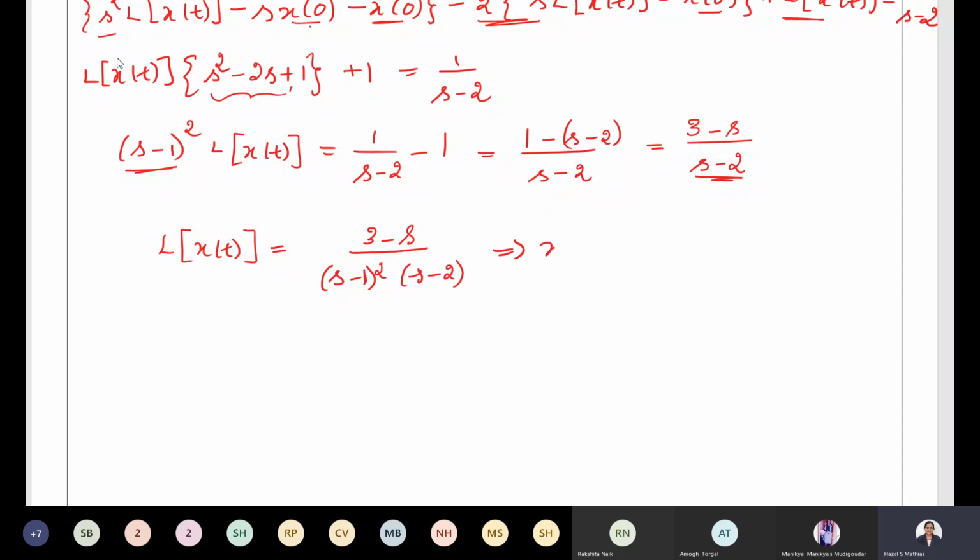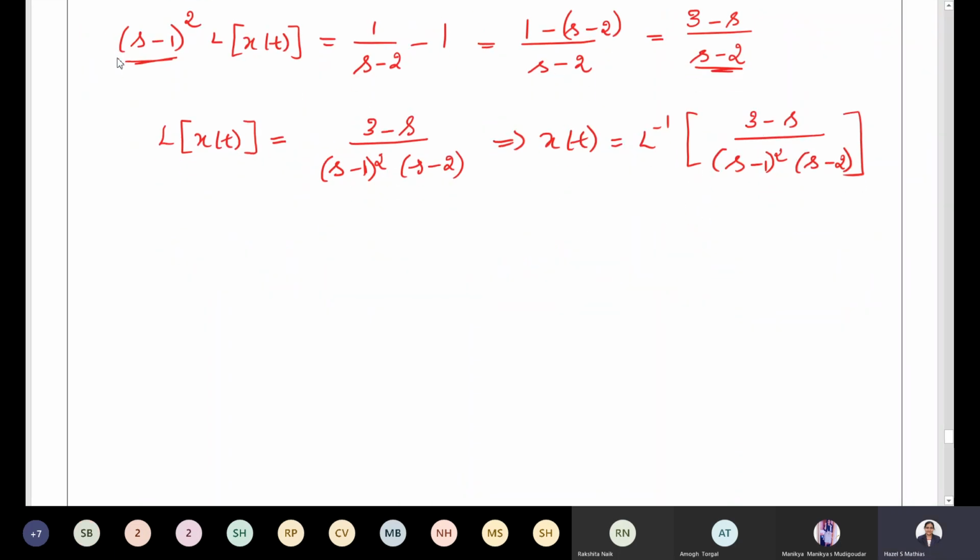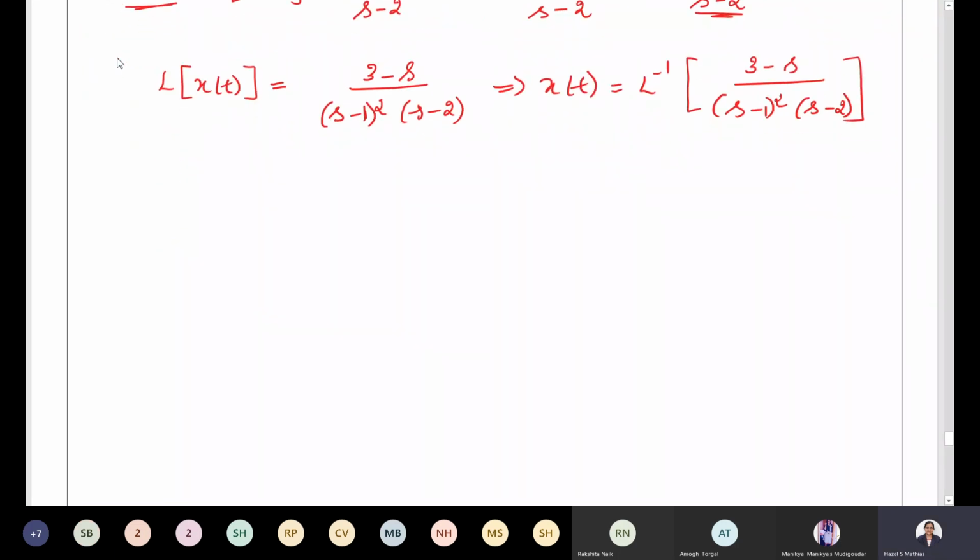So x of t will be L inverse of 3 minus s divided by s minus 1 the whole square into s minus 2. I hope this is clear, everybody. Is it clear? Yes, ma'am.